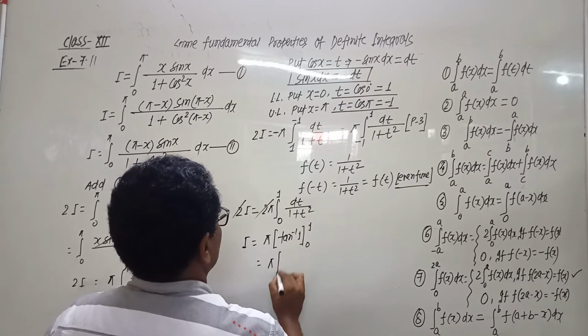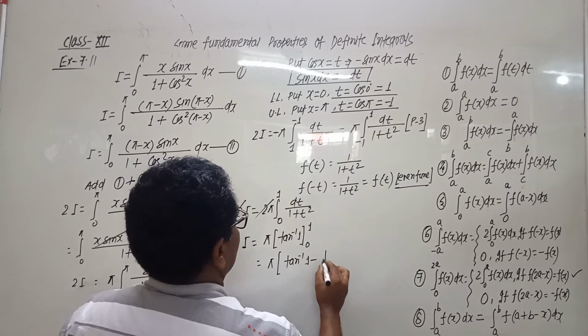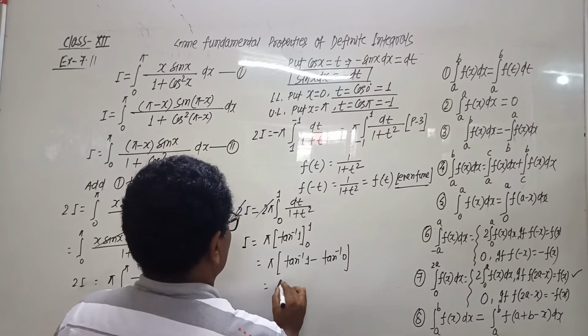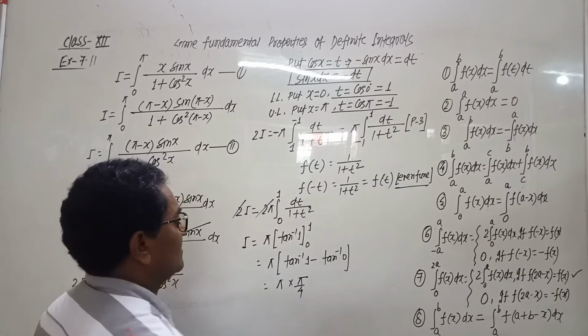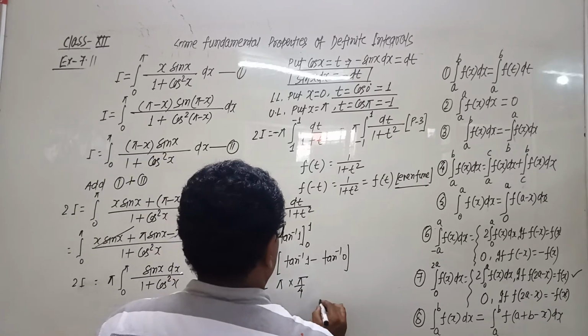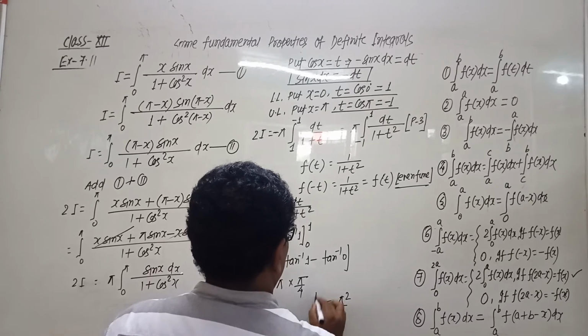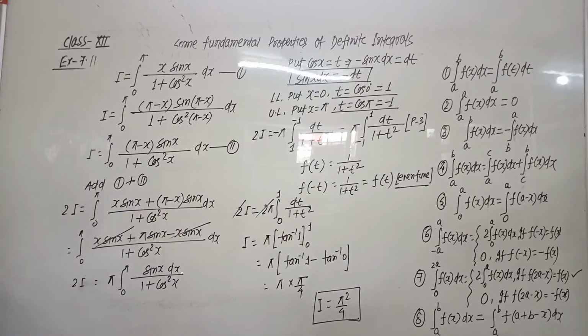Use the limit: tan inverse 1 minus tan inverse 0, and tan inverse 1 is equals to pi by 4, and tan inverse 0 is 0. So we get the result I equals to pi square by 4.